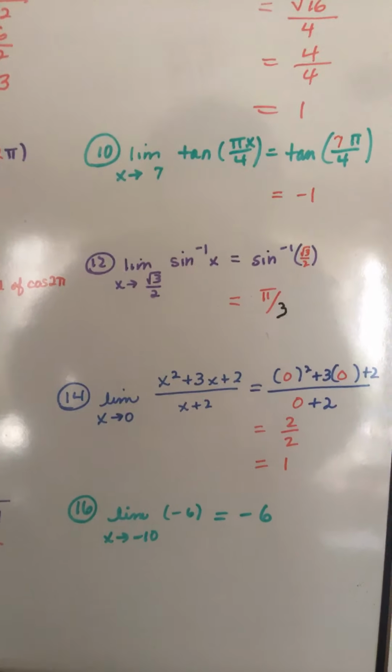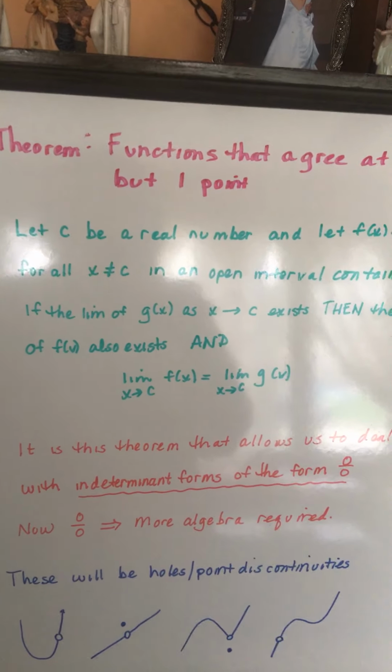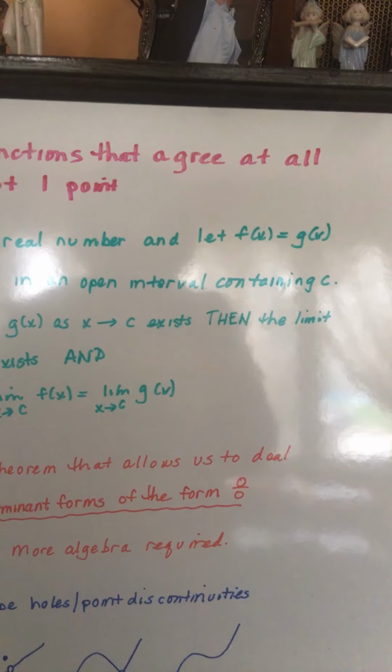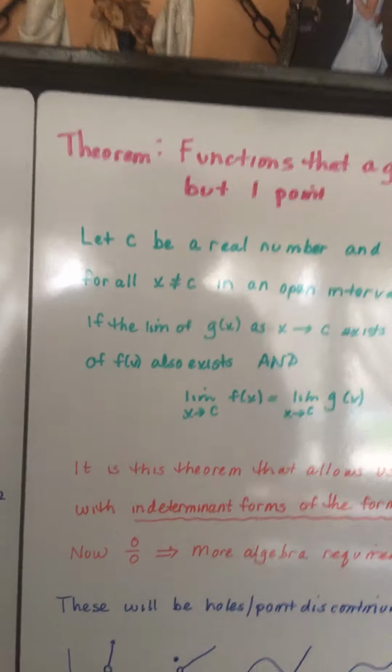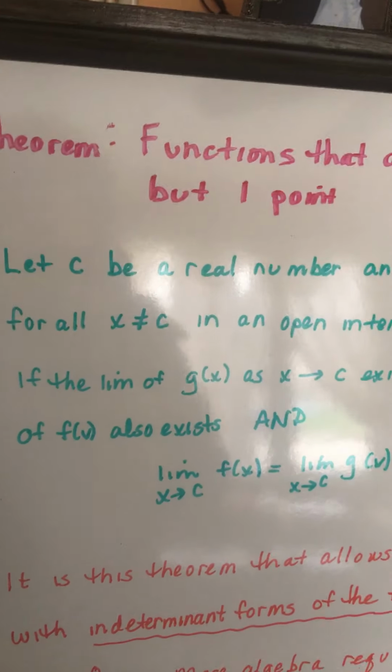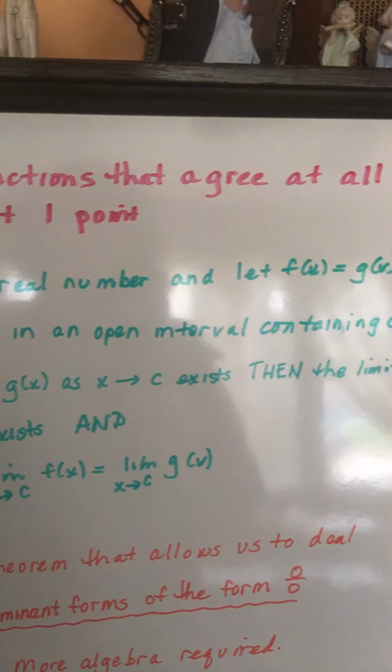Now, what happens when we can't do that? Well, we have a theorem, and it talks about functions that agree at all but one point. It says let c be a real number and let f of x equal g of x for all x not equal to c in your open interval.